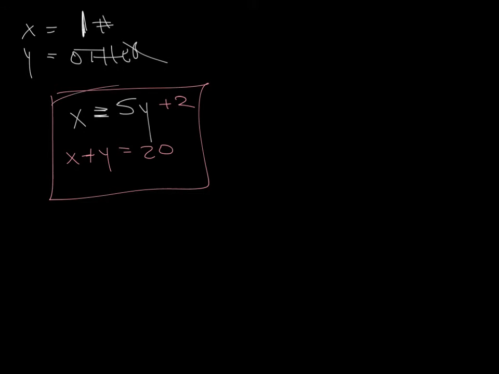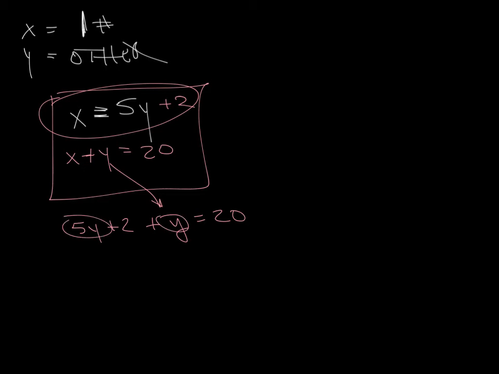So I already said that x equals that. So now instead of using an x, I'm going to put 5y plus 2 in for my x, and then this y is this one here. So this one and this one is 6y plus 2 equals 20. Subtract 2, subtract 2. We have 6y equals 18.